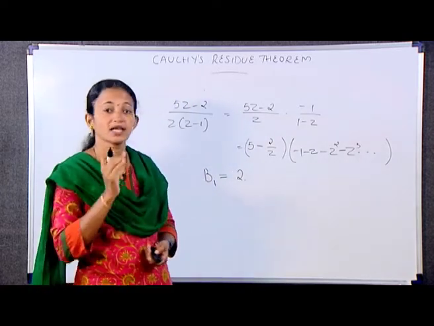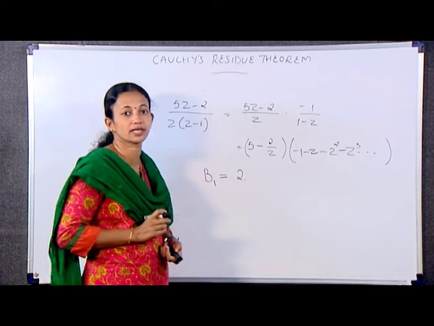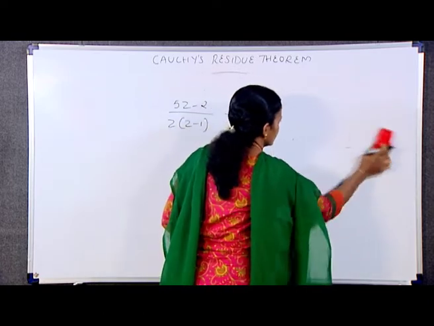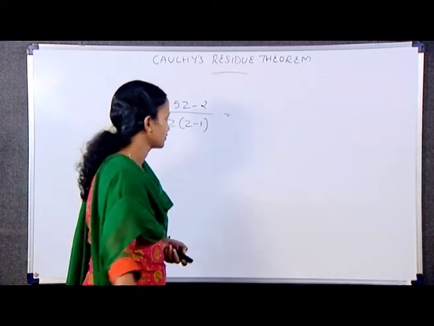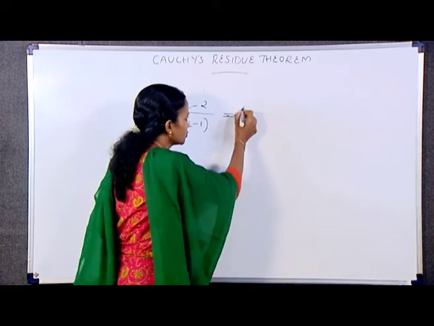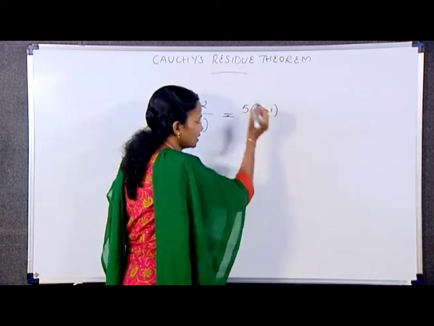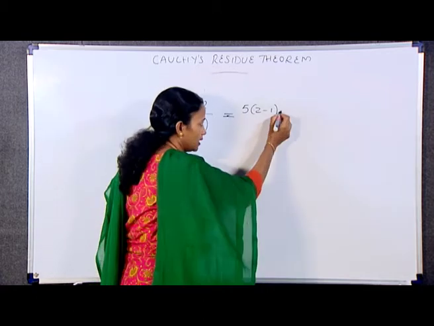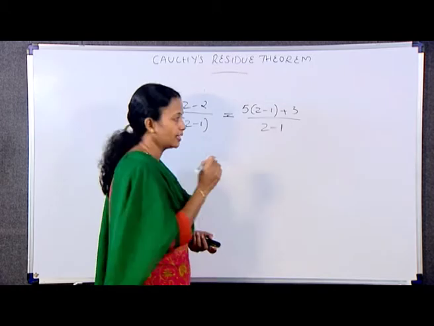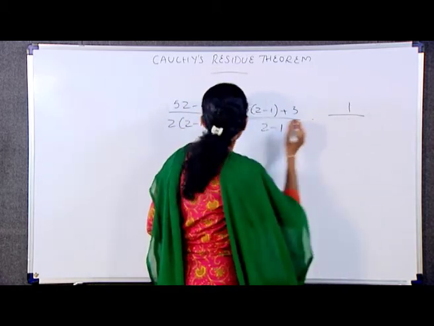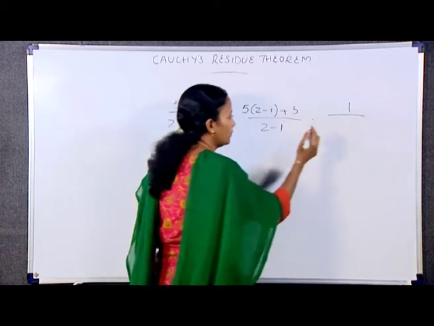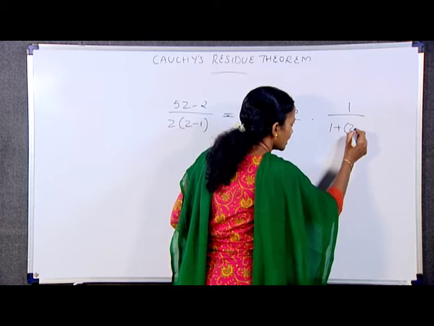Also, since (5z minus 2) by z into (z minus 1), we can write it in another way as (5 into (z minus 1) plus 3) divided by (z minus 1) into 1 by what remains. Here only z remains. I can write that as 1 by (1 plus (z minus 1)).